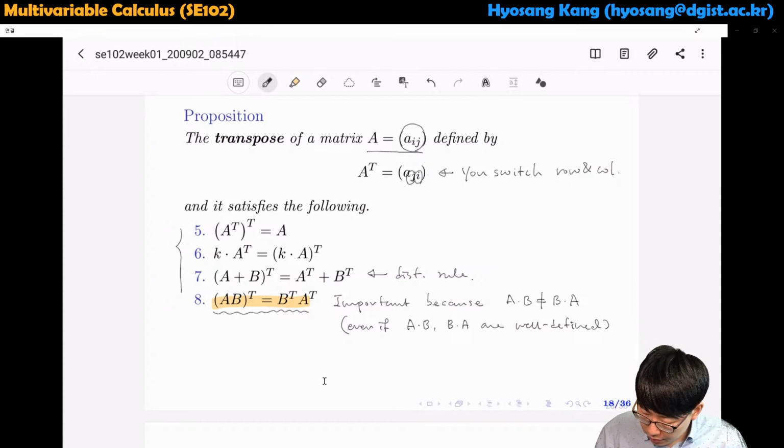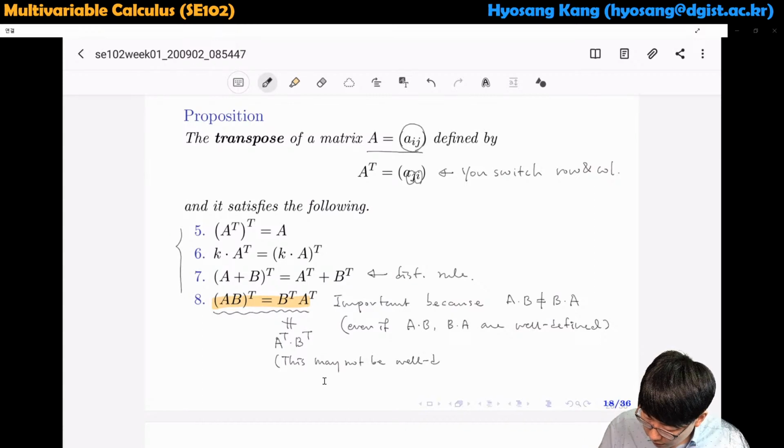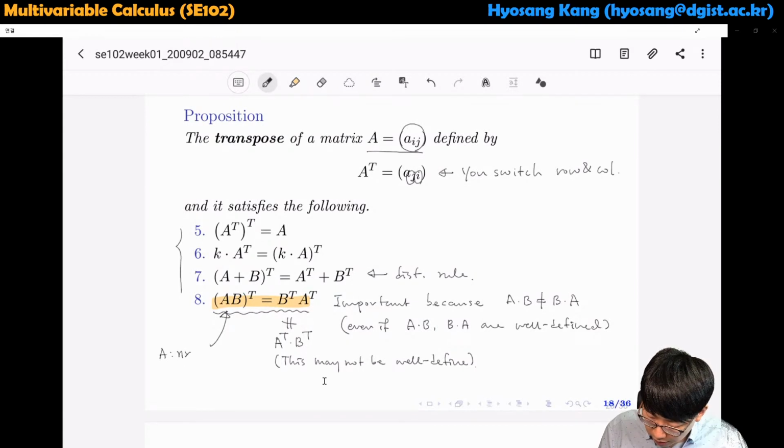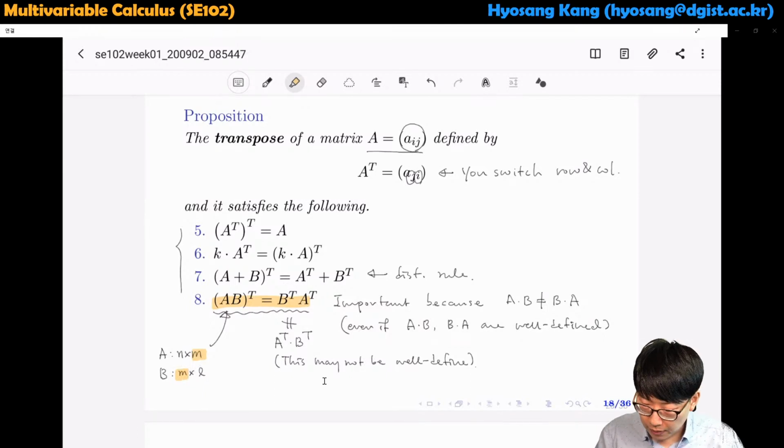So usually, in general, (AB) transpose is not equal to A transpose times B transpose, and this may not be well defined. Because whenever you multiply two matrices, like in the left hand side here, let's say A is of size n times m and B is of size m times l. That's the only case when you can multiply two matrices. This m must be the same.